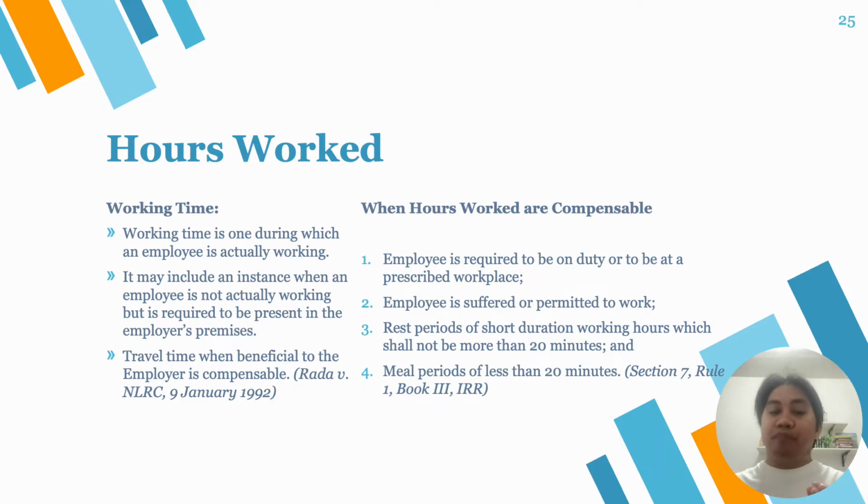So hours are compensable when the employee is required to be on duty or to be present at the workplace, and then when you are at the workplace, you are suffered or permitted to work. The rest periods given to you that are 20 minutes or less will be compensable. And meal periods of 20 minutes or less are considered compensable hours.